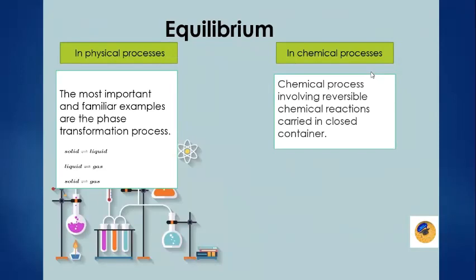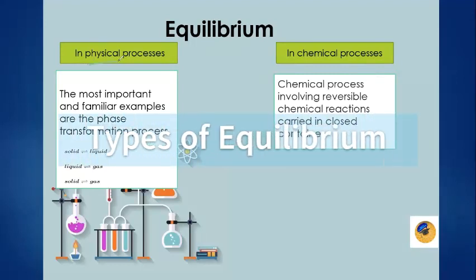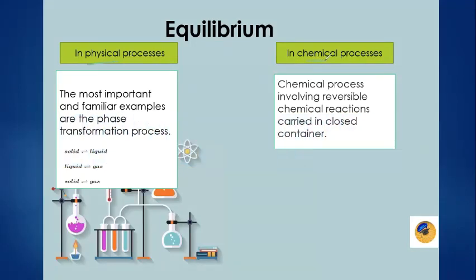So let's look at the types of equilibrium. There is physical equilibrium, and there is chemical equilibrium. In physical equilibrium, there is no change in the chemical properties.